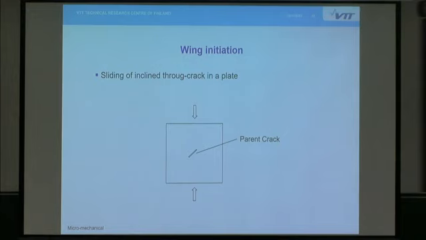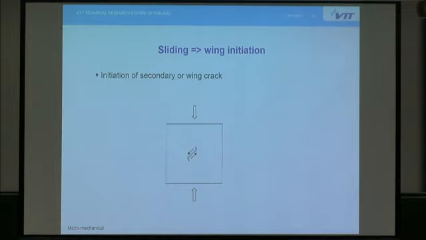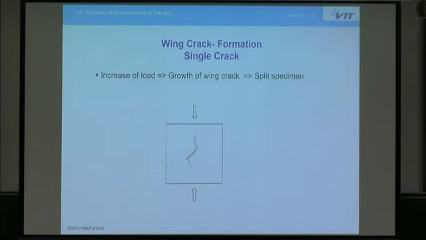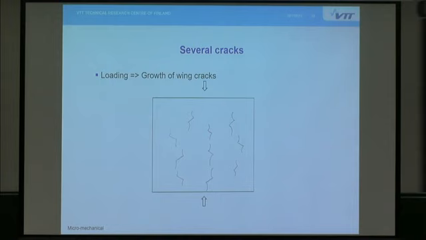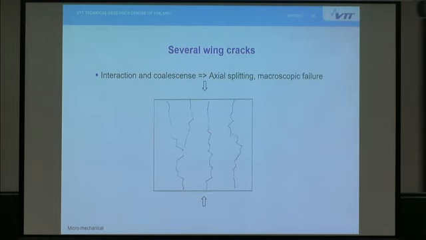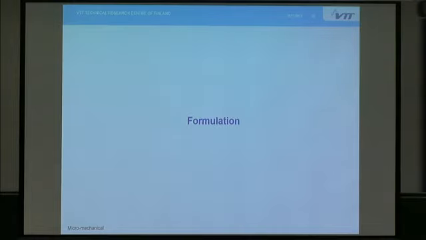Under compression, the crack faces start to slide, and because of the sliding, wings start to grow at the ends of the inclined crack, and the wings grow and split the specimen. And the same thing happens also if there are multiple cracks. Cracks grow and finally coalesce and split the specimen. So how to formulate this?